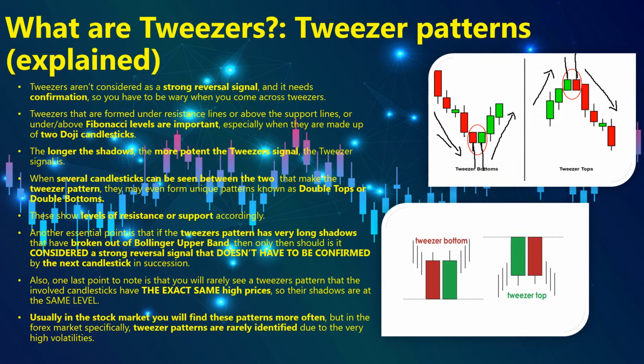It's also possible that you see a few or even several candlesticks between the two candlesticks that form the tweezers pattern. Even in this case, you should not ignore the tweezers as a potential reversal signal. When there are several candlesticks between the two that make the tweezers pattern, they may form double tops or double bottoms patterns that show the levels of resistance or support.